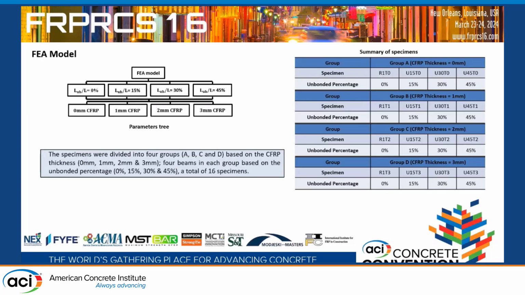So the first picture is a parameter tree. There are a total of 16 specimens, and the table is the summary of the specimens. We can see the first column, R1 T0. R1 means the reference beam, T means thickness of the CFRP, and 0 means zero thickness of CFRP.